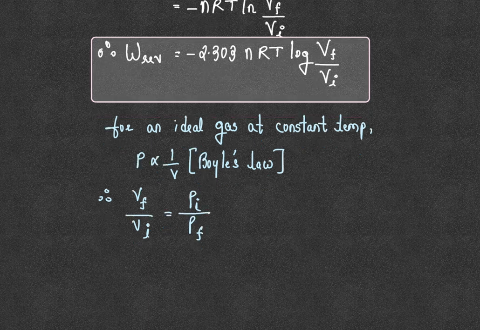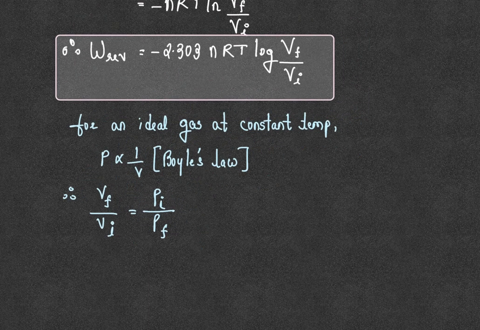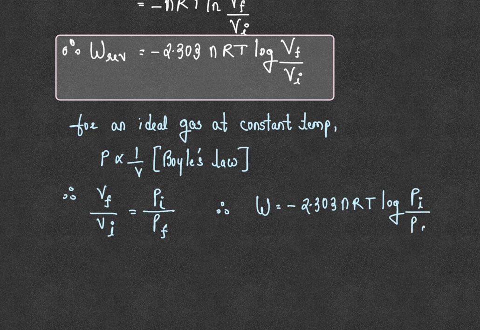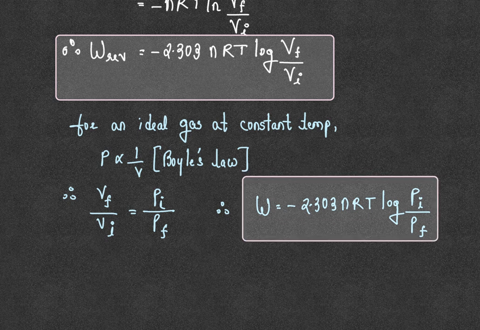And therefore, the above equation that we have can also be written as W is equal to minus 2.303 into nRT log PI upon PF. This is also one of the equations that you can use.